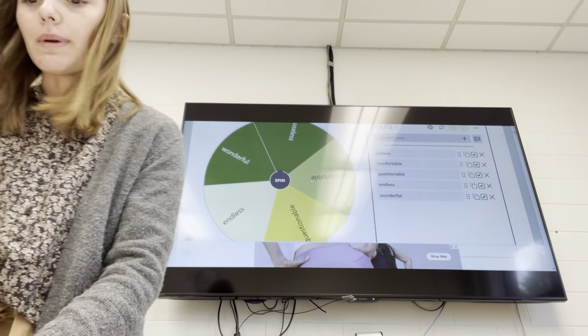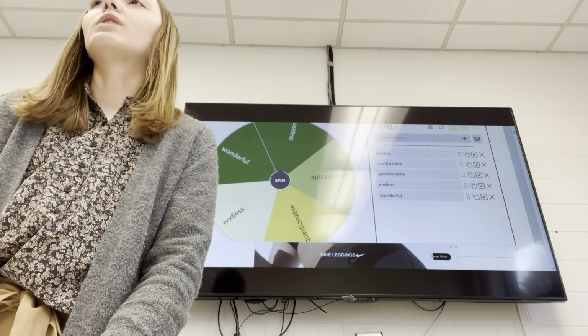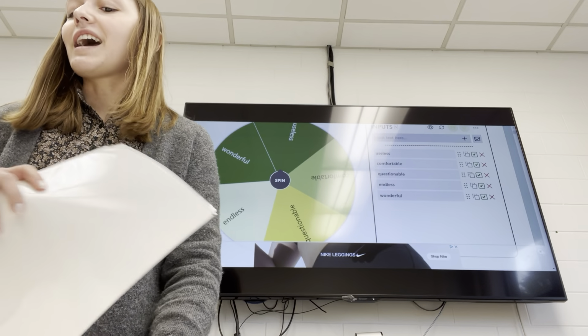Okay. So I'm going to spin this wheel and I'm going to actually pass out a marker, a whiteboard, and an eraser. And please do not write on your whiteboards until I tell you to.